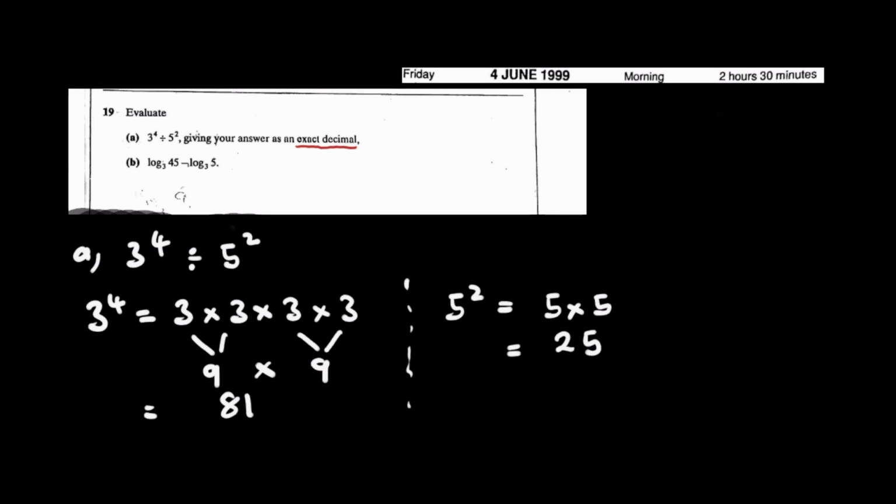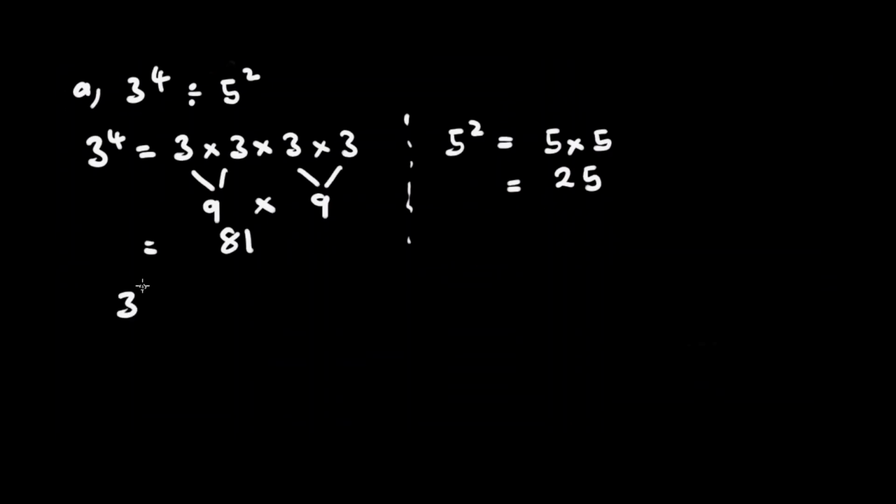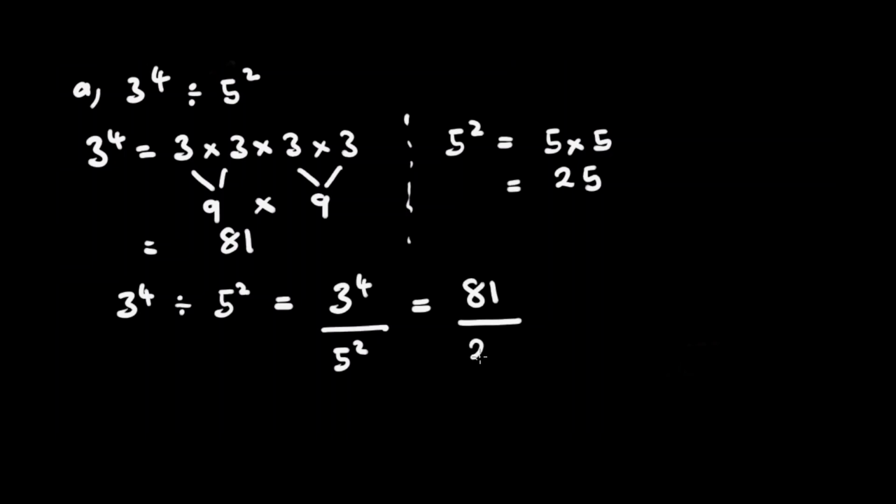So how do we solve this? 3 to the power 4 dividing 5 squared zvinoreva izvo kuti we have 3 to the power 4 over 5 squared. Then replacing 3 to the power 4 with 81, so it's 81 dividing 5 squared, which is 25.